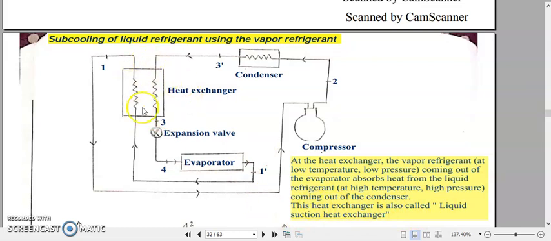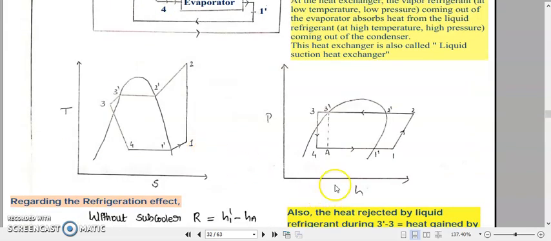Suppose there was no such subcooler here, what would have been the change happening to the refrigeration effect? Now let us focus on that. In the pH diagram, 4, 1-1', 2, 2-3-3', 4 is the representation of this system.